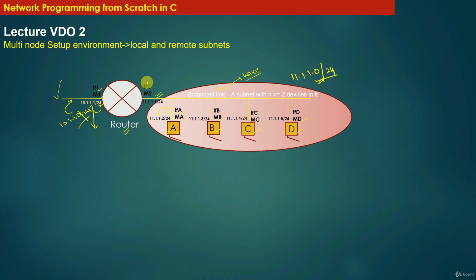The interface IF2 lies in the 11.1.1.0/24 subnet and the interface IF1 lies in the 10.1.1.0/24 subnet. For an L3 router, each interface always lies in a different subnet. It is a misconfiguration if two or more interfaces of the same router fall in the same subnet. So guys, let us now discuss the local and remote subnets with respect to this topology.